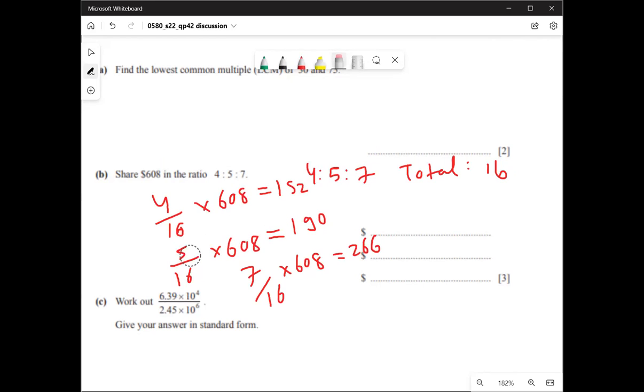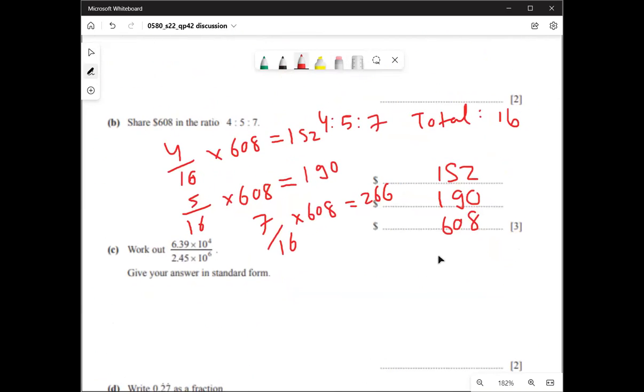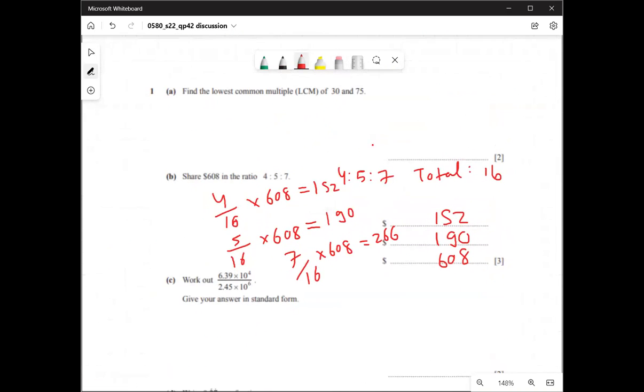Then same thing with 5 divided by the total, which is 16, into 608, 190. Then you get 266. So 152, 190, and 266. That's the answer. Wait 1 second, I'll write it down. Done.